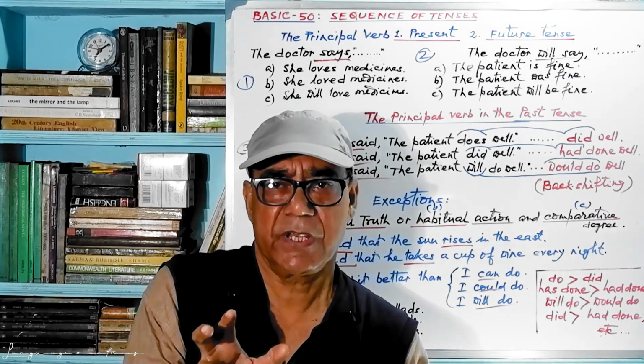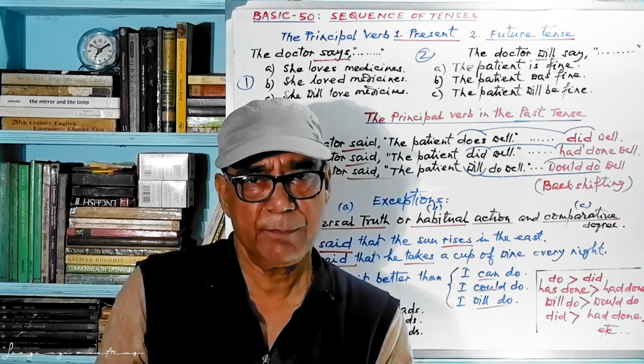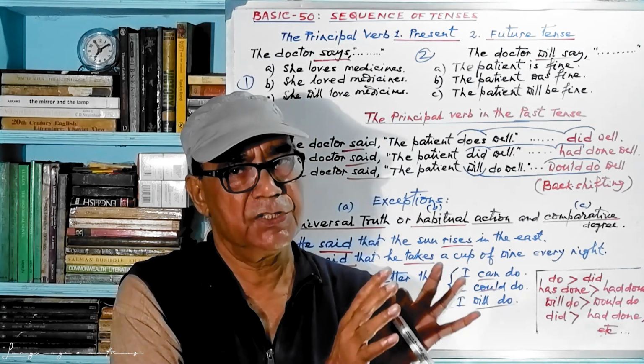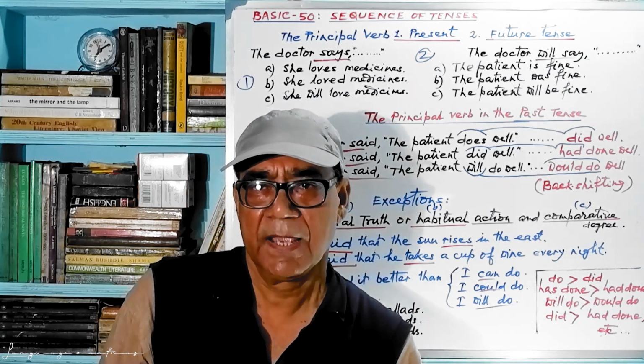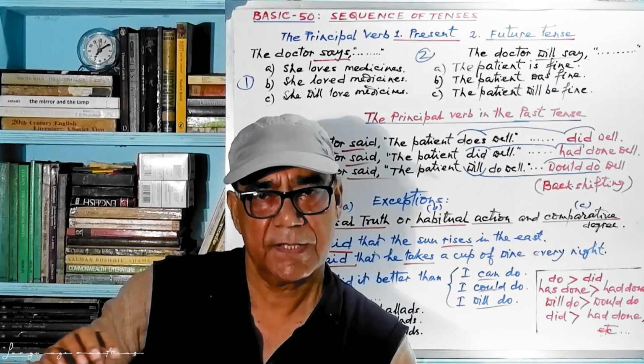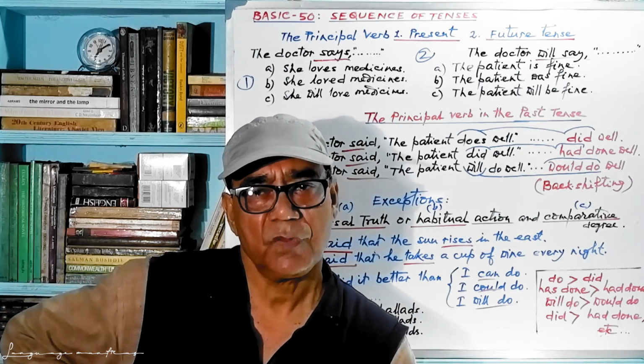When you write a complex sentence, you have two verbs. One in the principal clause, that is the principal verb, and another in the subordinate clause, that is the second verb.